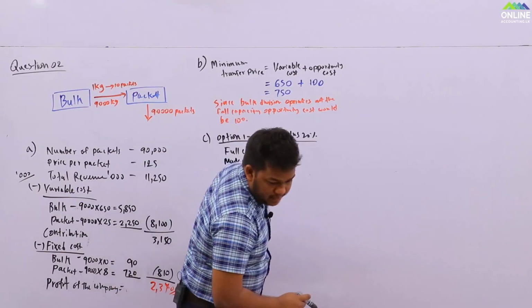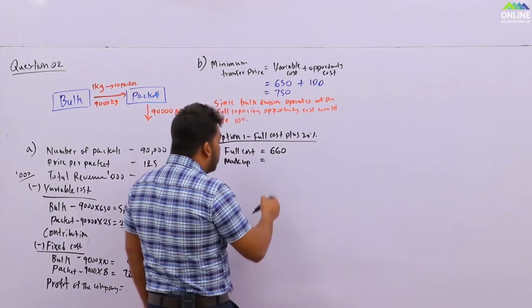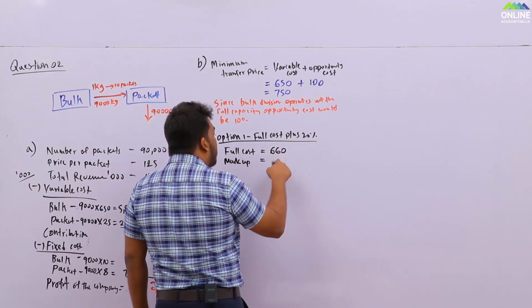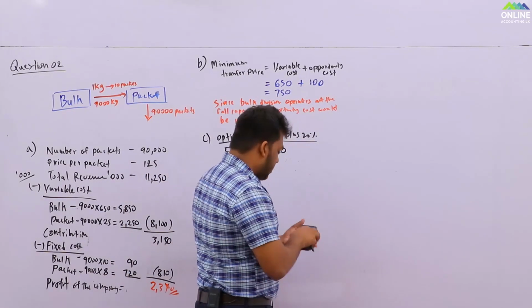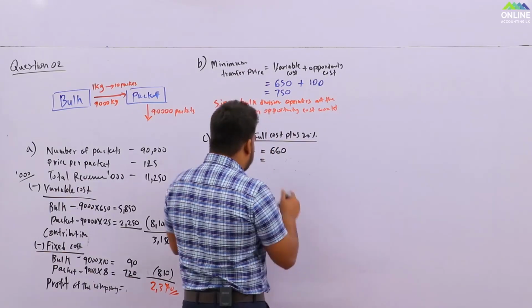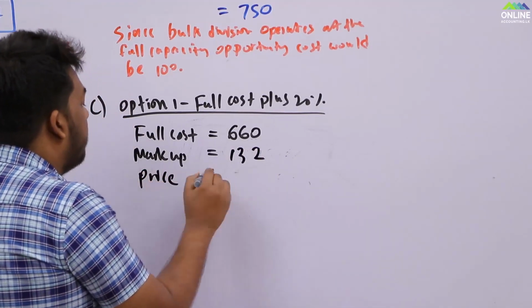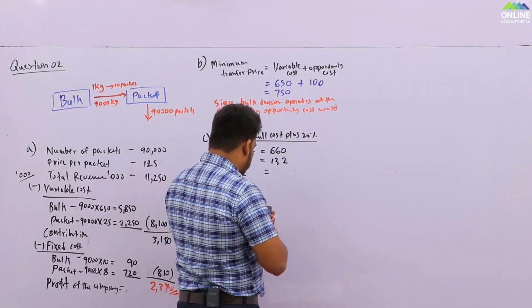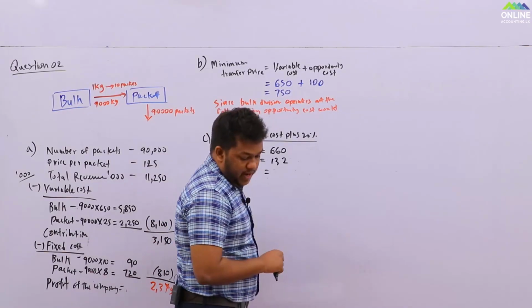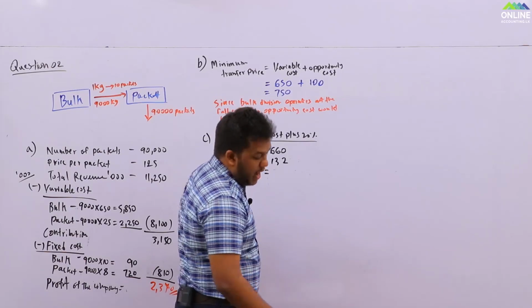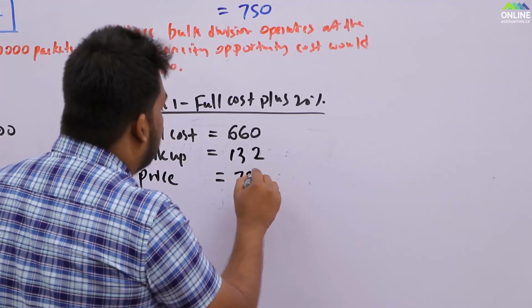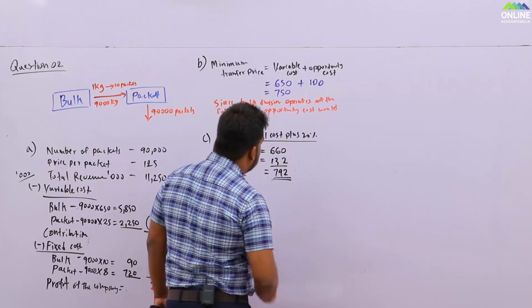Markup is full cost plus 20%, so 660 into 20%, that is 132. So the price should be 792.